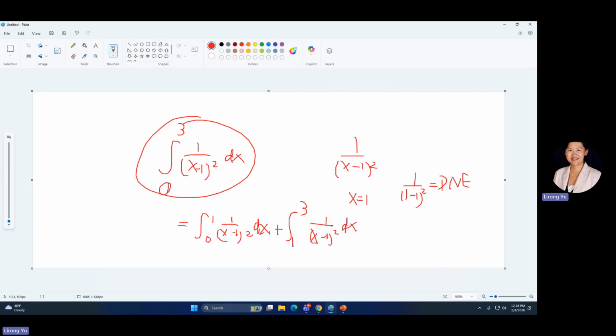So the same integration you have to run twice, because 1 minus 1 is 0. So 1 is causing the problem.